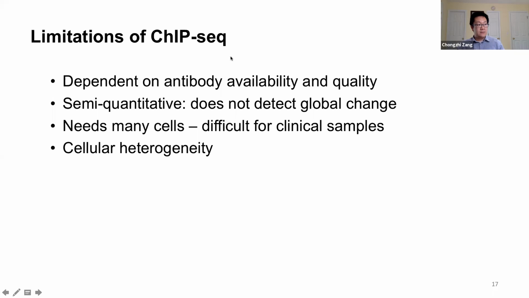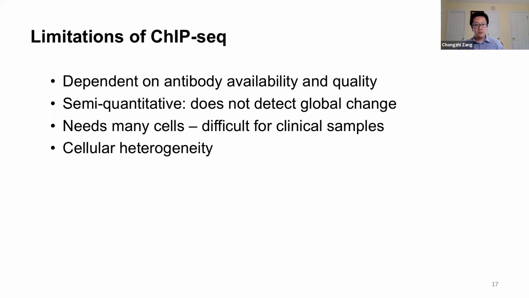So by saying that, I mean that a ChIP-seq experiment usually cannot detect a global change of binding level. There are some recent studies showing that some transcription factors like MYC, in different conditions, may have a global increase of binding level and activity, which usually cannot be caught by canonical ChIP-seq data.